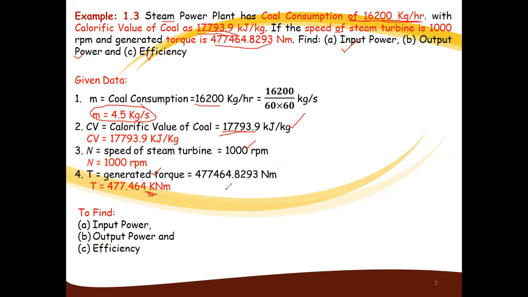Why do we convert this Newton meter into kilonewton meter? So that we get power in kilowatt. So we have to find out first the input power, second the output power, and third the efficiency. We will find out the input power first.